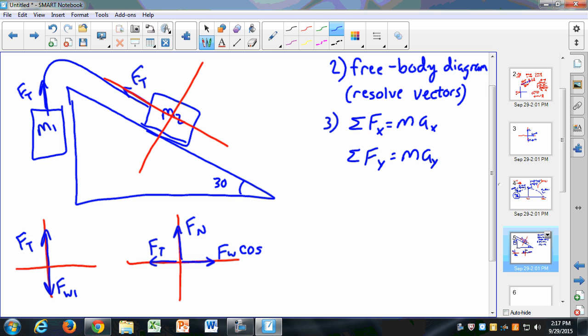It's going to be cosine of 60. This would be FW sine of 60. Go ahead and get pretty good at just resolving those in your head so you don't have to write it out. But if you want to write it out, that's fine. You would just put your force weight right here. This angle is 60 degrees, and then realize that I have x and y components on those axes. And then you apply Newton's second law.